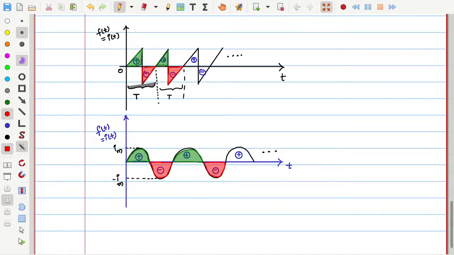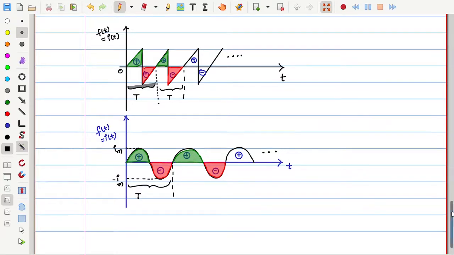Now, can you identify what pattern is repeating? The positive and negative pattern is repeating. So together, this positive and negative pattern we call one time period.